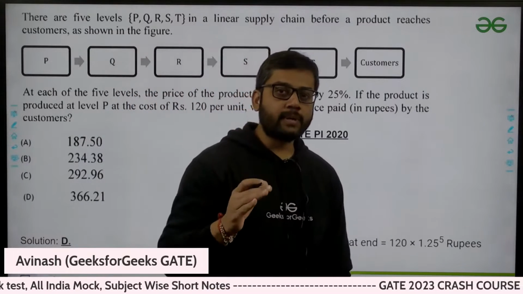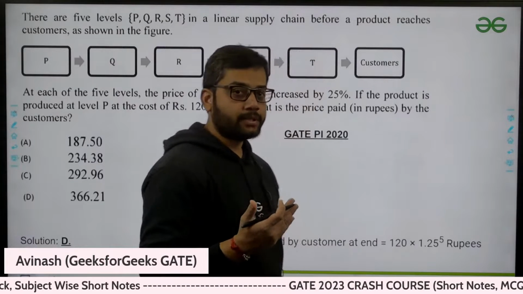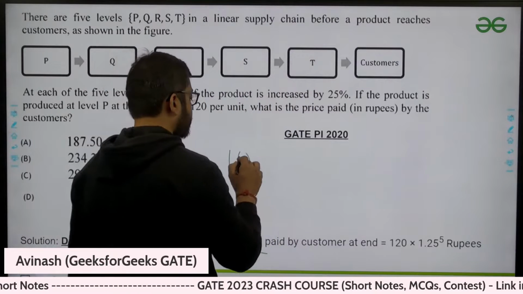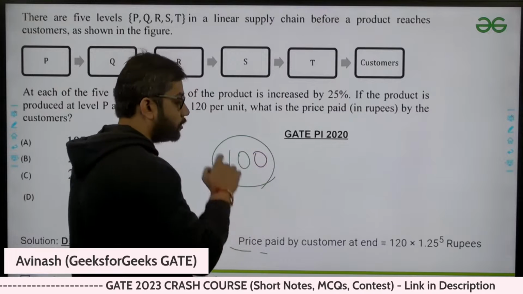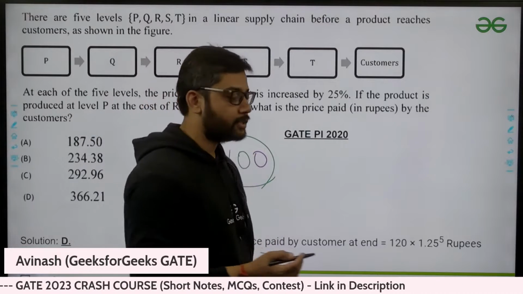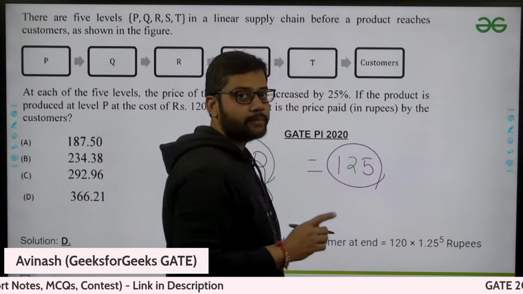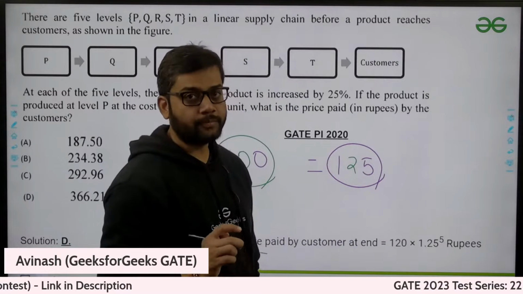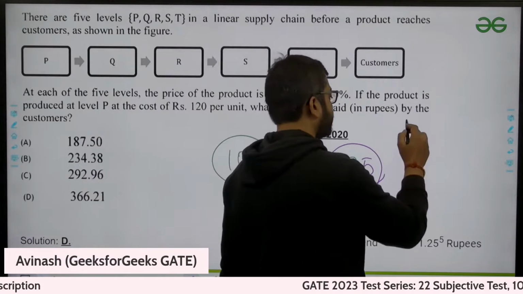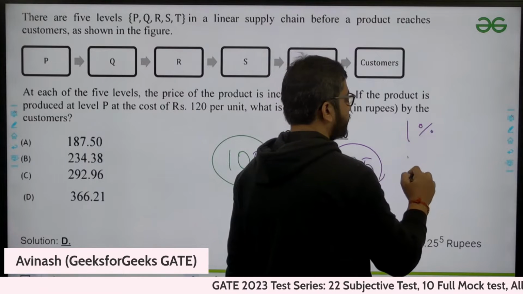Okay, if the price is increasing by 25%, suppose the initial price is 100, now the price is increased by 25%, it means what? Now it's 125. And if I'm considering it in the format of a percentage, initially it was like this, now it is like this.